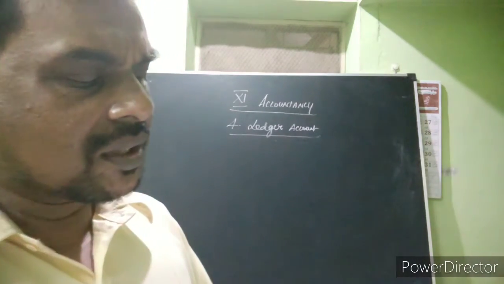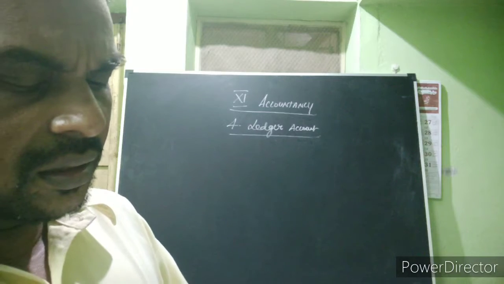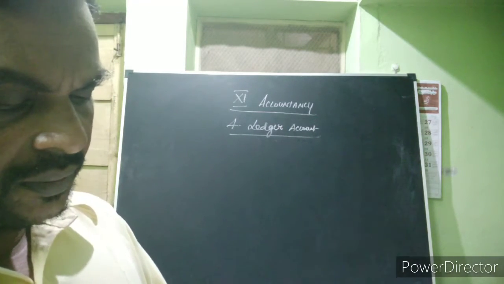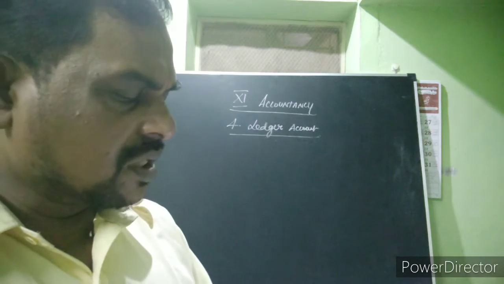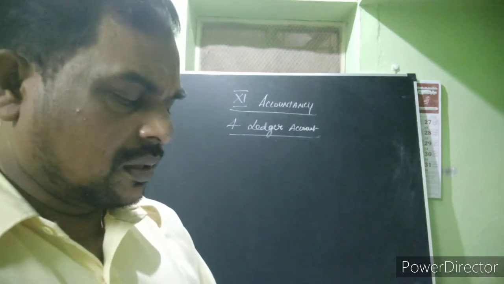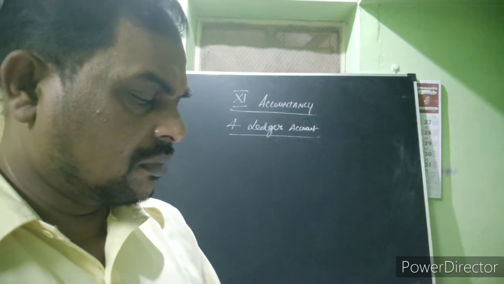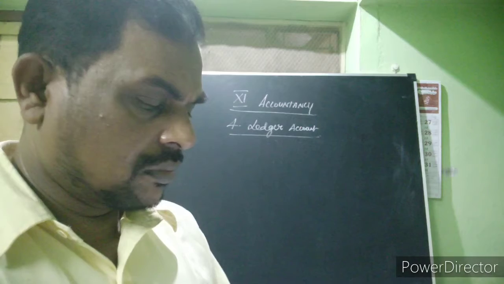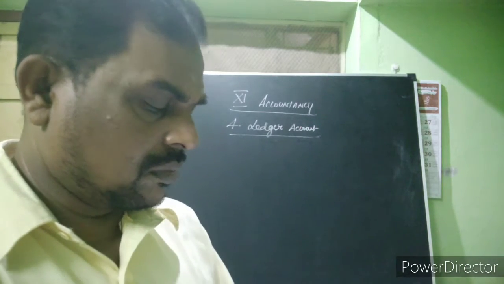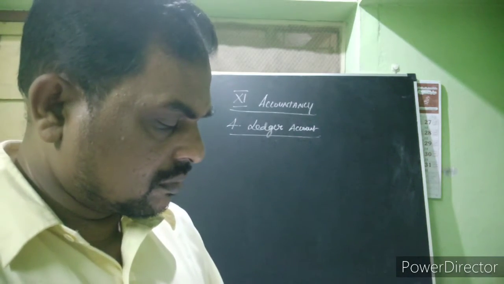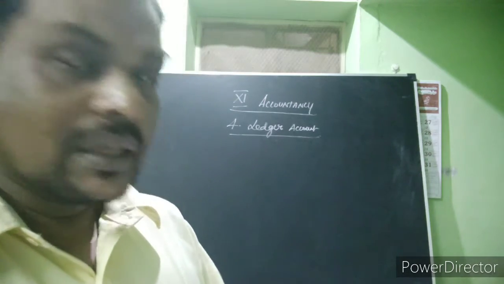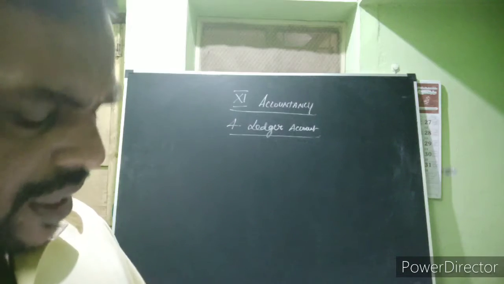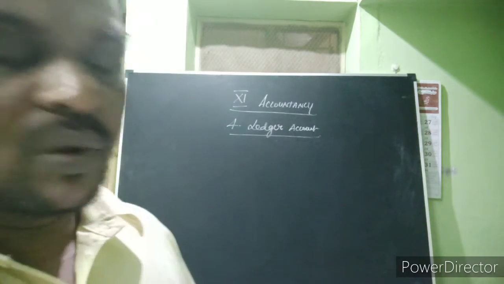This is direct ledger. Okay, illustration sum number 7 from our textbook, page number 96 in the old book.